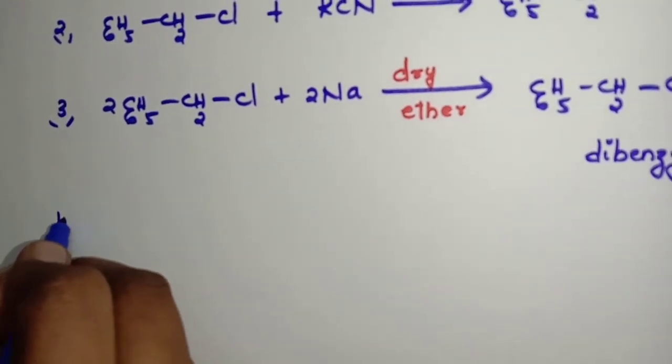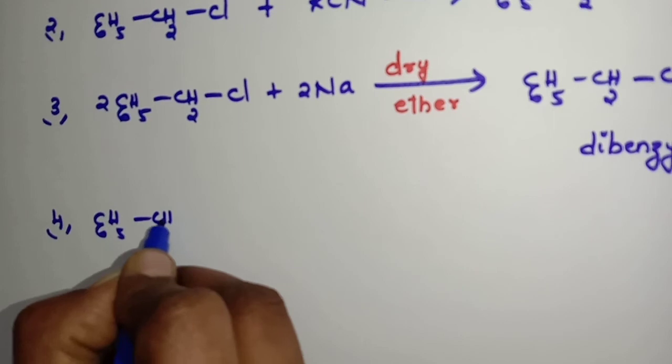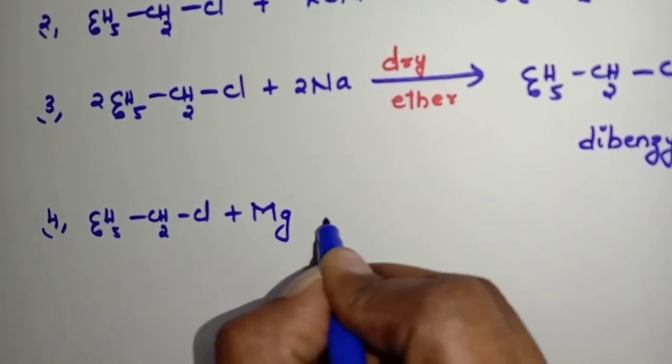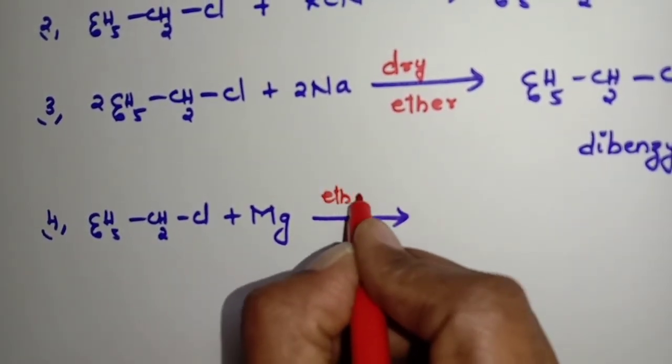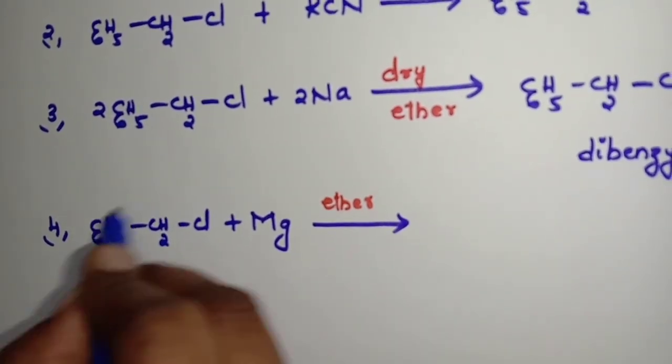Okay. And fourth chemical property, taking C6H5CH2Cl plus Mg in the presence of ether, we get, what can we prepare, students? Do you remember this reaction?